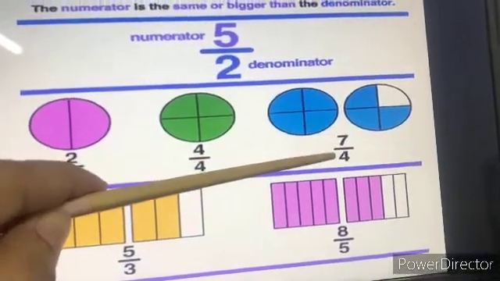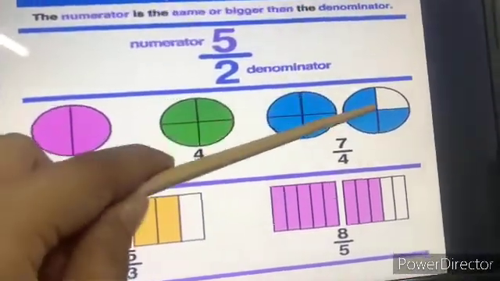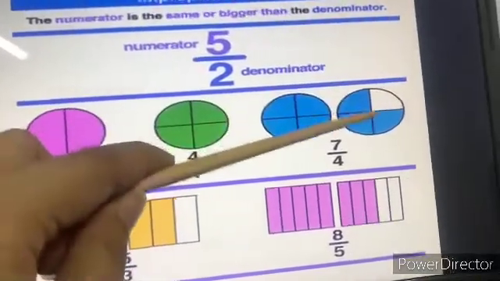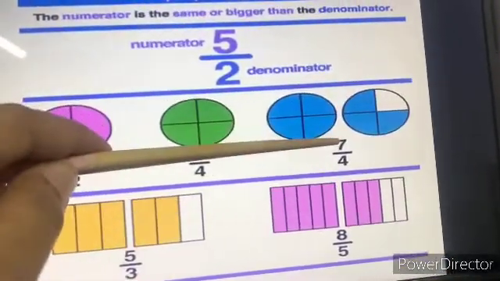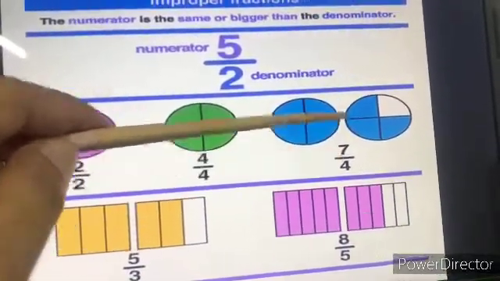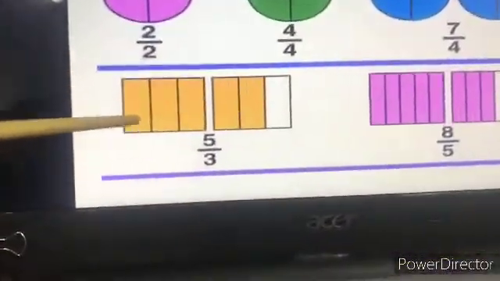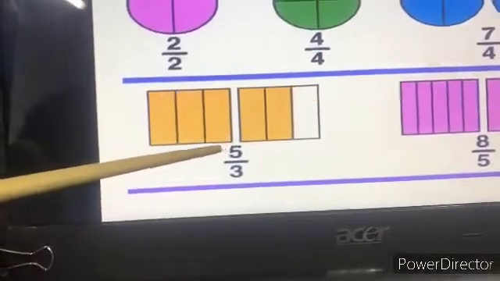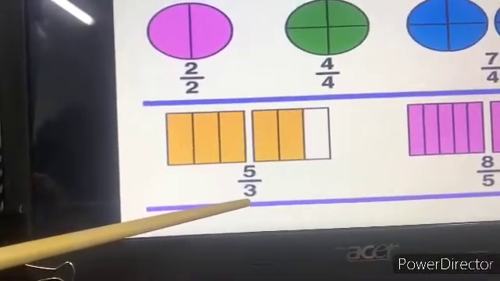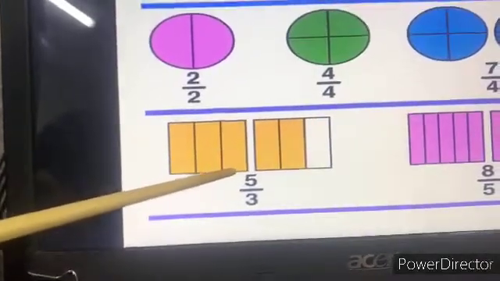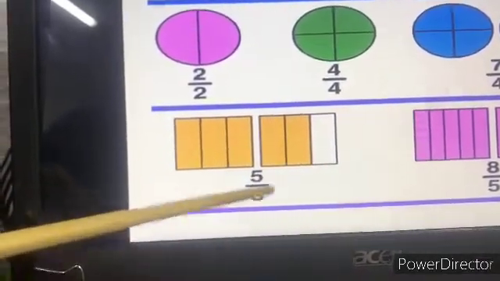The denominator will be the same for this and this. Means both of them are divided into 4 equal parts and from where you took 7. Let's see another example. This is 5 by 3. Means the numerator is bigger and the denominator is smaller.